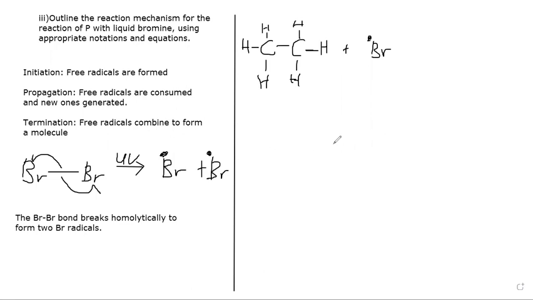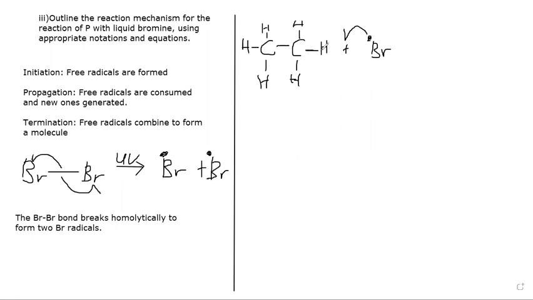They are very reactive species, and so they are going to attack the alkane molecule. In this case, it is ethane. Again, it's a single electron, so to represent this attack, you draw a fish hook, not a curved arrow.